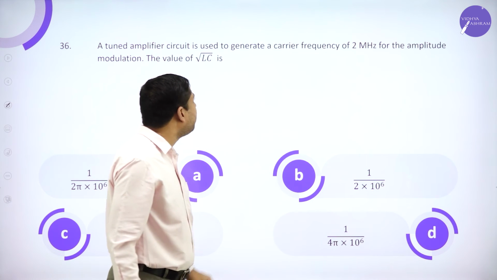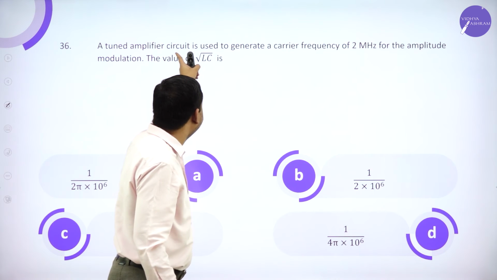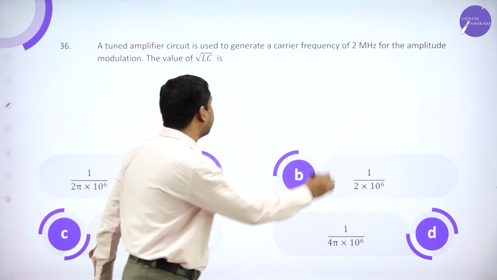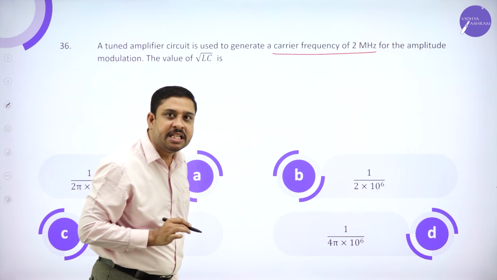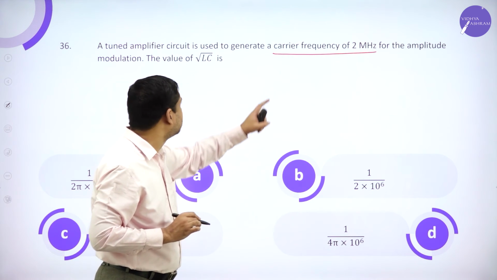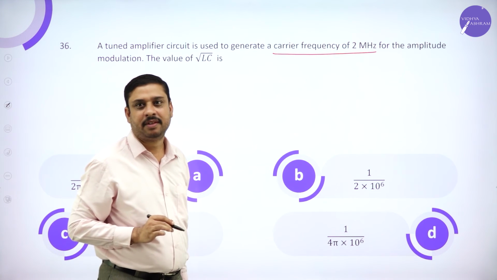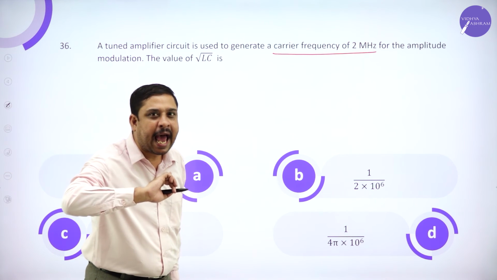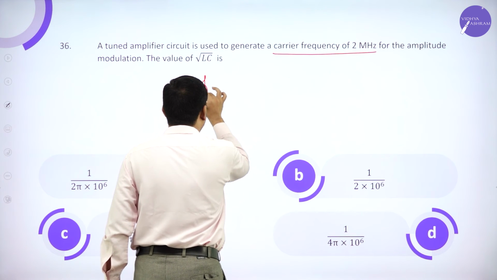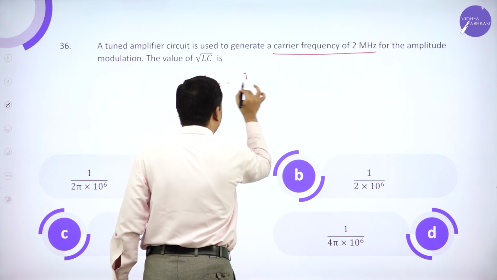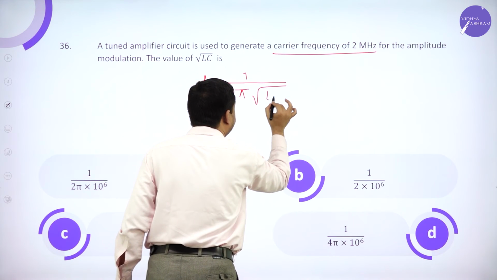A tuned amplifier circuit is used to generate a carrier of frequency 2 megahertz. Then the value of root LC, with frequency related to root LC. We know f is 1 by 2 pi root LC.